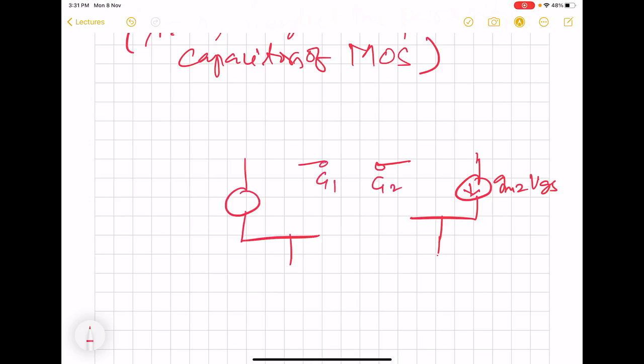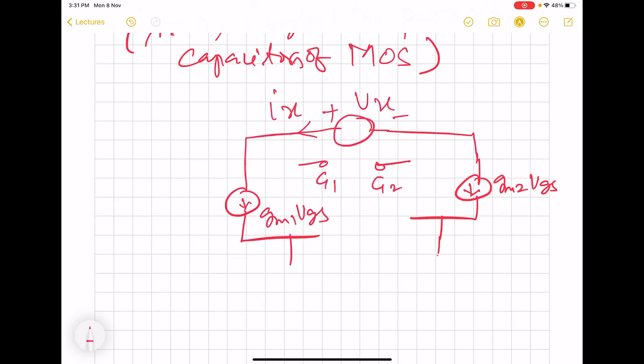And here we have GM1 VGS. So we want to know what will be the input impedance. So we connect Vx and find out Ix. And here we have this cross connection for the drain and gate, like this.